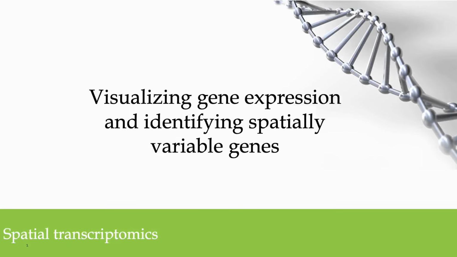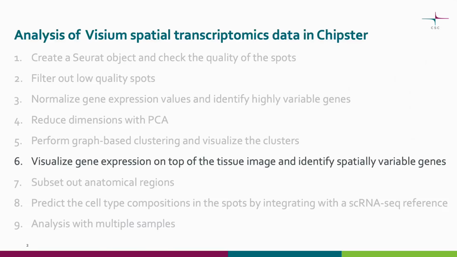In this video, we will cover multiple steps related to visualizing gene expression and identifying spatially variable genes when analyzing Visium spatial transcriptomics data in Chipster. We will talk about visualizing gene expression and identifying spatially variable genes with multiple tools.